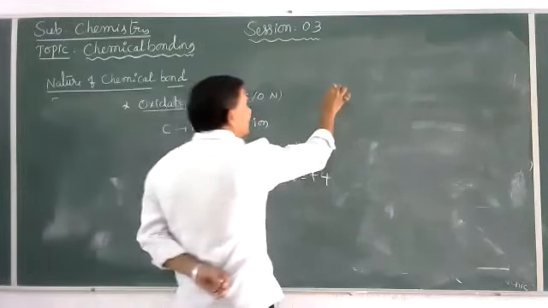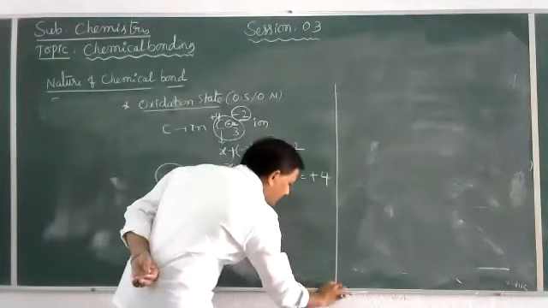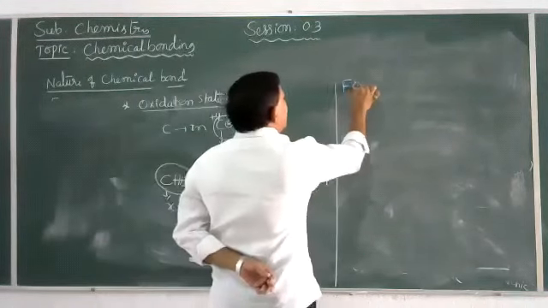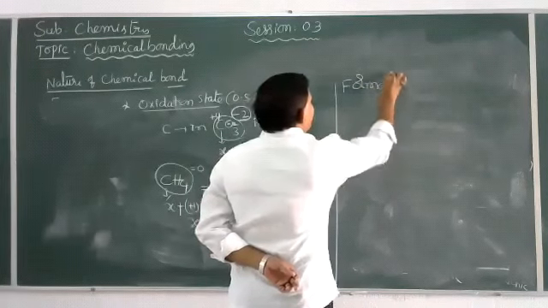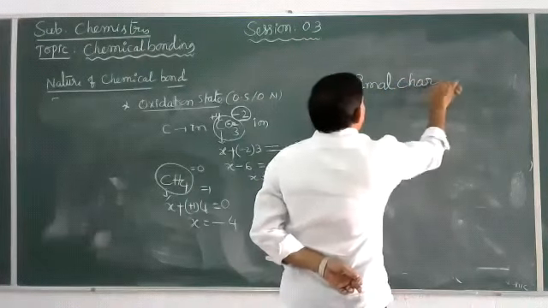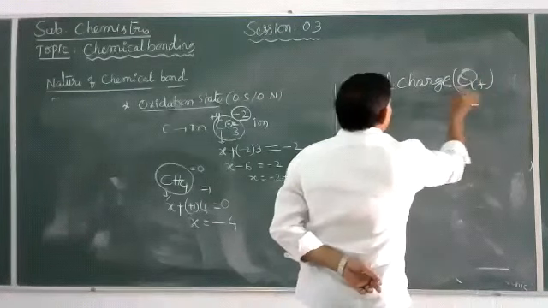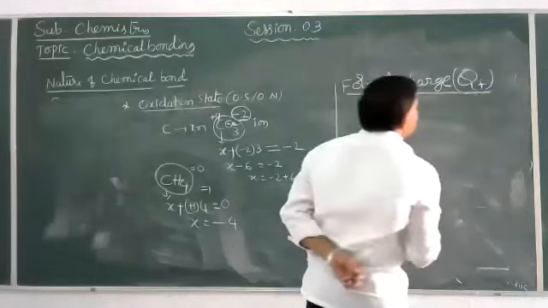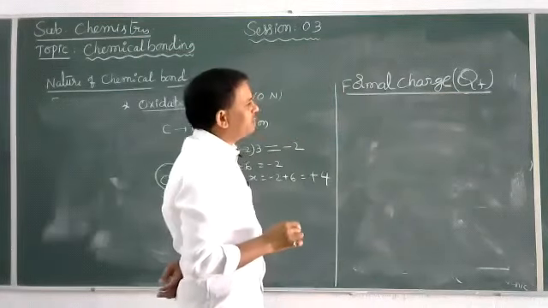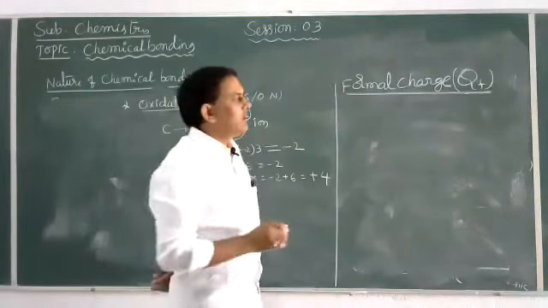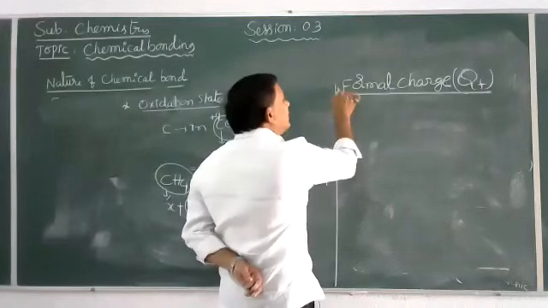But in chemical bonding, one very important term is introduced, that is a very, very important concept, formal charge. This formal charge is denoted by QF. Charge means Q, formal means F.